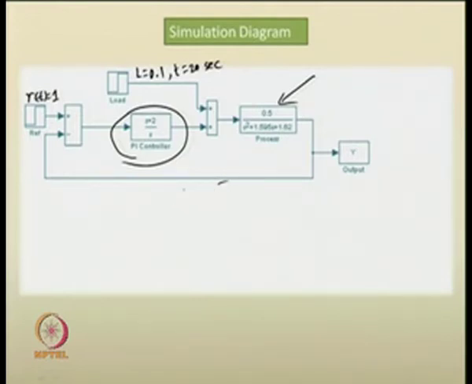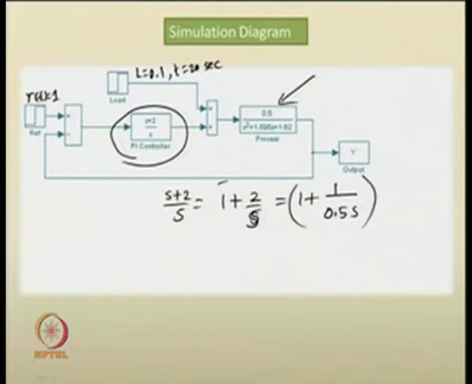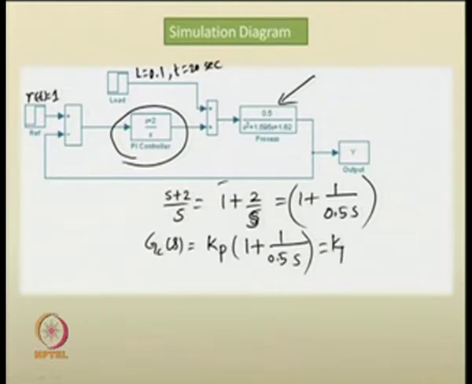So, to get it in the standard PI transfer function form, (S plus 2) by S can be written as 1 plus 2 by S, which is nothing but 1 plus 1 upon 0.5 S. Okay. So, it is in the form of GC(S) as Kp times 1 plus 1 upon TI S, where we have got 0.5 as TI.